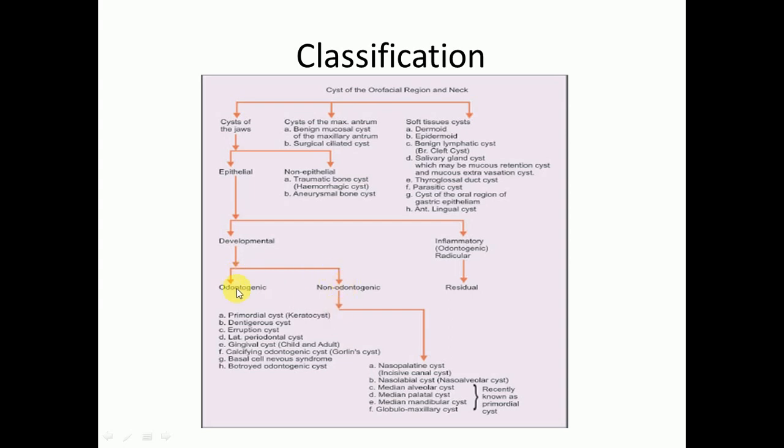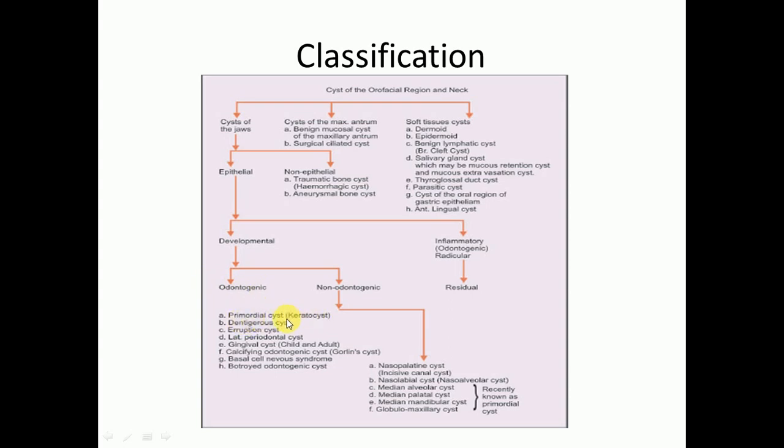Odontogenic are those derived from odontogenic origin, and non-odontogenic, of course, are not derived from odontogenic origin. Non-odontogenic will contain nasopalatine cyst, nasolabial cyst, median alveolar cyst, median palatal cyst, median mandibular cyst, and globulomaxillary cyst. Whereas odontogenic cysts will contain the primordial cyst, also known as keratocyst.